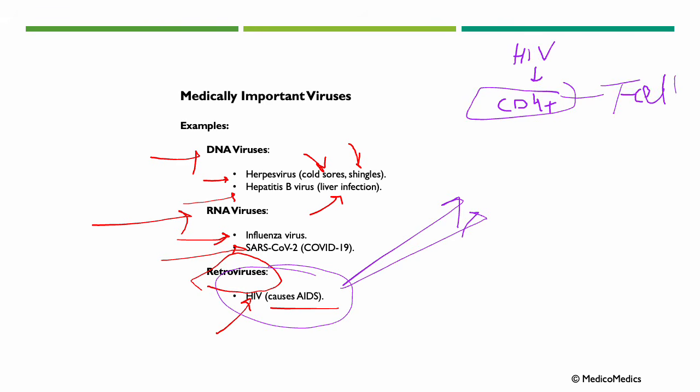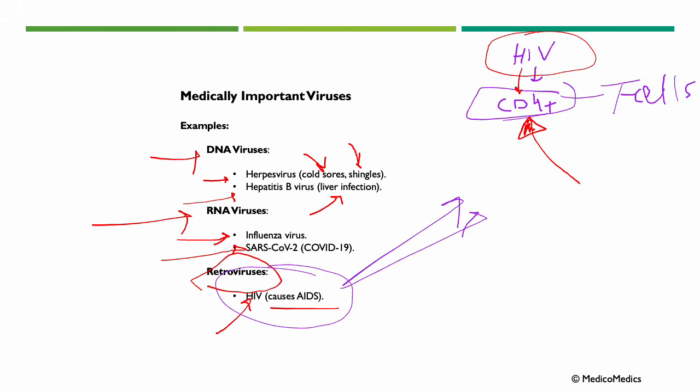Remember, we mentioned we have our T cells and we have B cells. And one of these T cells is the CD4, also called the T helper cell. Now, HIV specifically targets the CD4 cell. And let me just mention that this cell is incredibly vital and important in our adaptive immune system, or in our immune system in general.